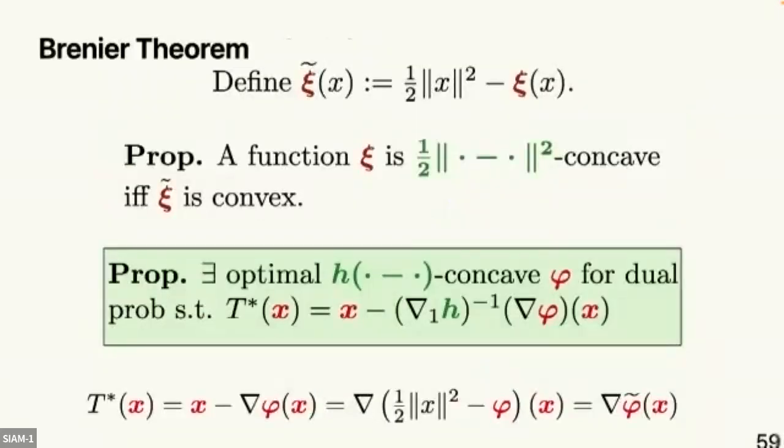But what it essentially tells us in the end is that this T star, this optimal transport map, has got to be the gradient of a convex function. And it has got to be the gradient of a convex function that you can recover as the optimal dual potential of this continuous optimization problem.